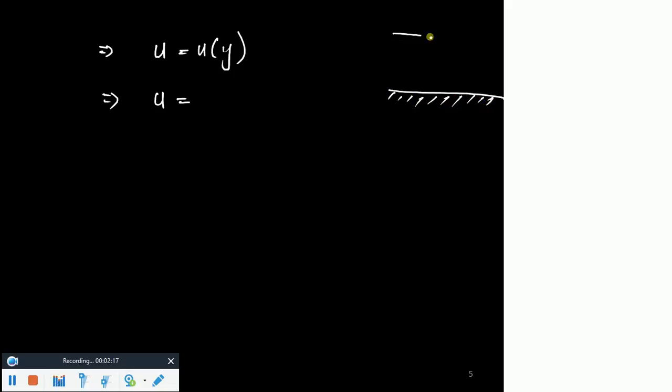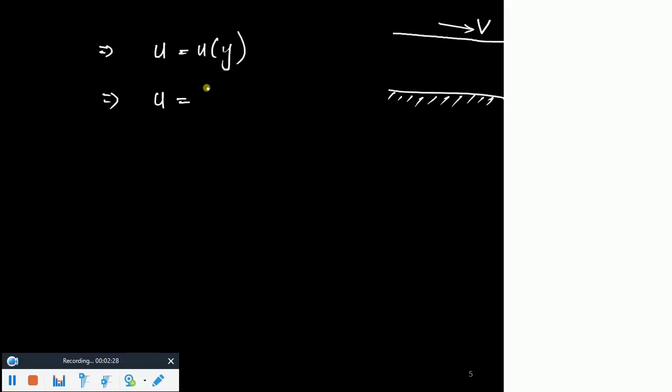We were at a point where, from the continuity equation, we came to the conclusion that u is a function of y only. After that, we came up with this: if the lower plate is static and the upper plate is moving with a velocity V, and these are infinite plates, we have already talked about those assumptions.